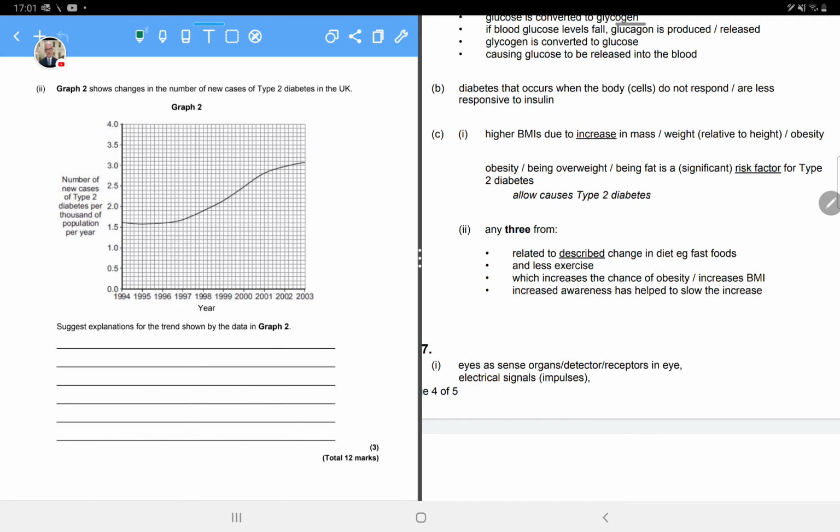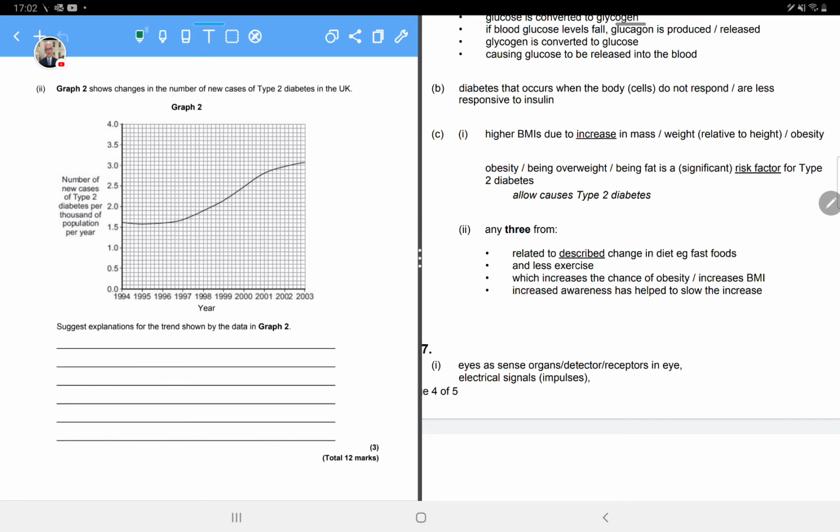But once again, they've asked, it's quite rare actually for them not to ask a describe question, but they've offered 2 explanations. Explain the trends shown in graph 2. So in this, you're talking about time, in the modern era, and why we would have increased obesity, because we've already talked about obesity being a key factor in the first graph.